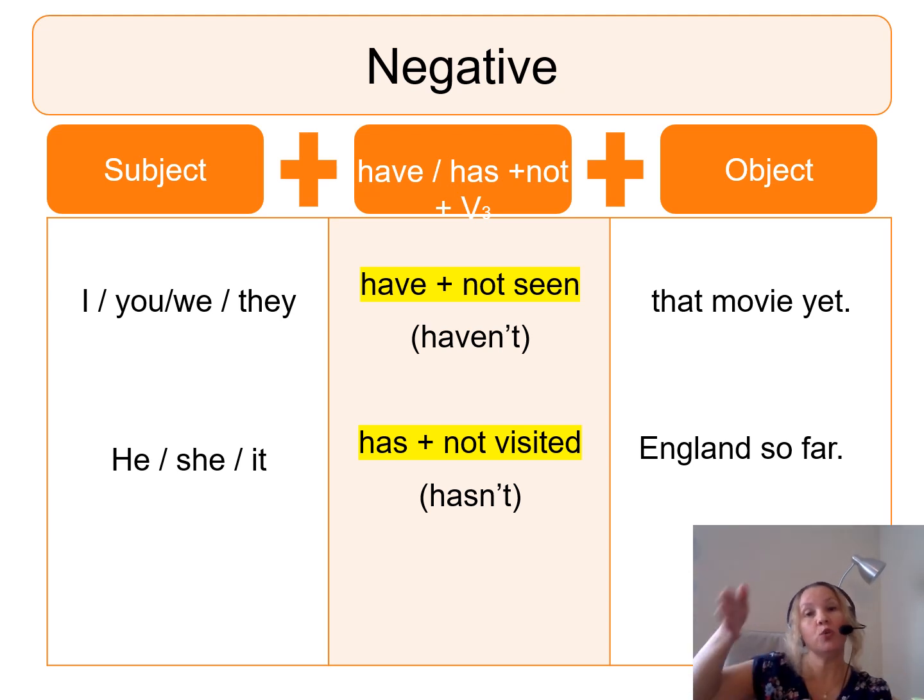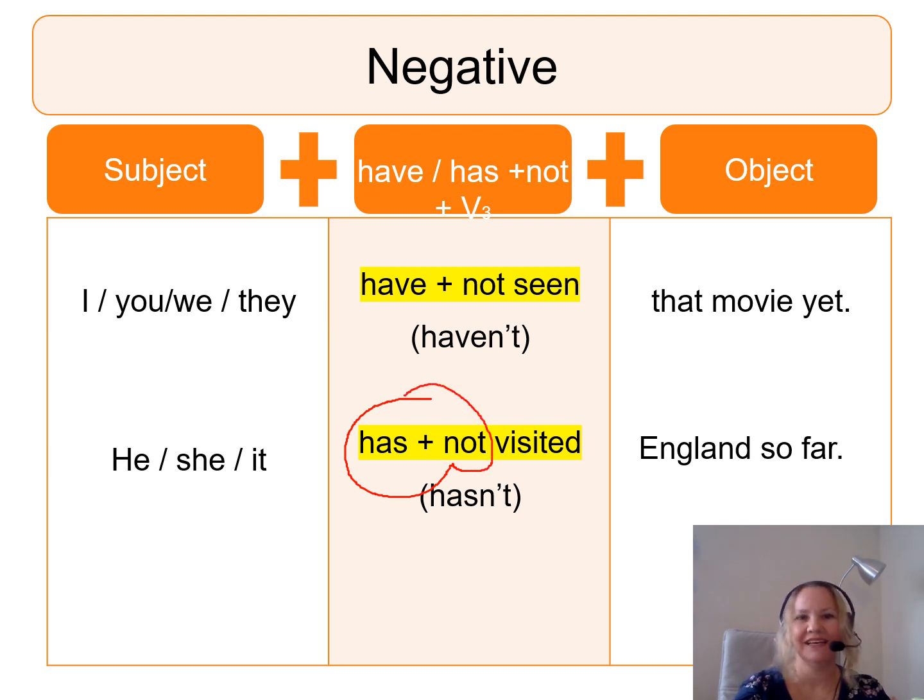Has not visited becomes hasn't visited. Very good. And then you can put the object. Just be careful: he, she, it becomes hasn't. And with I, you, we, they, it's have, haven't. Very good, well done.